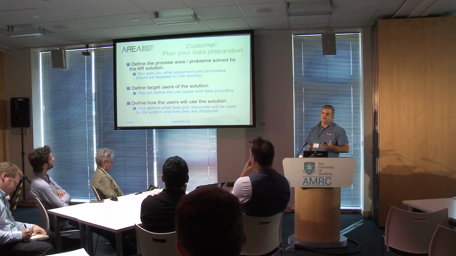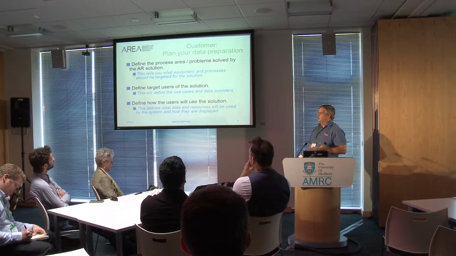If they're engineers, then we may be pulling stuff from the automation system to get live data. If it's QA, there's a lot of different use cases, and obviously these systems can be targeted to more than one type of user. But once we've defined the user and where they're using it, this is going to define the use cases and the data providers.